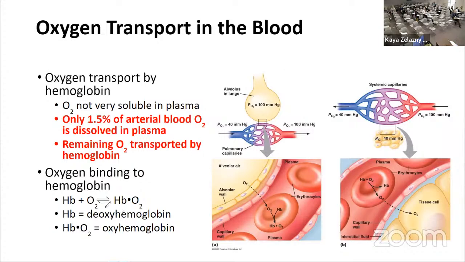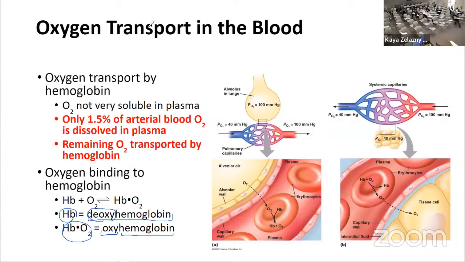So if we have hemoglobin that doesn't have any oxygen bound to it, that's deoxyhemoglobin. So we removed the oxygen. If we have hemoglobin bound with some O2, we're going to be referring to that as oxyhemoglobin. So all that's telling you is that you have hemoglobin with some oxygen bound in.